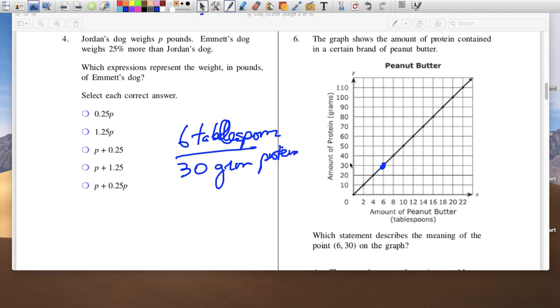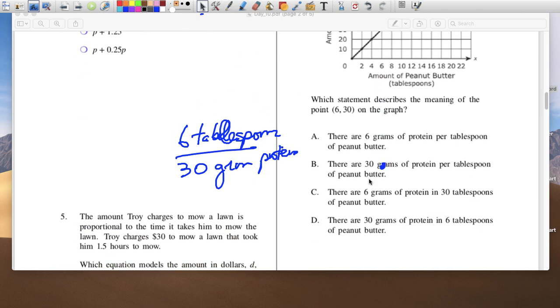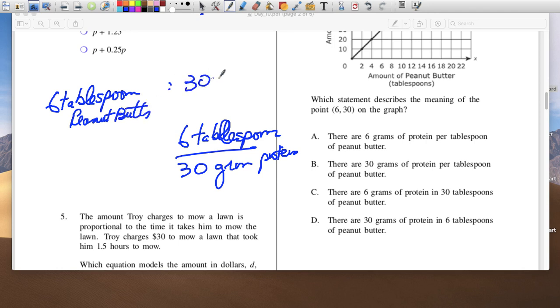And all right, so let's look at the statements. There are 6 grams of protein per tablespoon. So again, let me write like this: 6 tablespoons of peanut butter gets me 30 grams of protein, and I got this information from the graph.